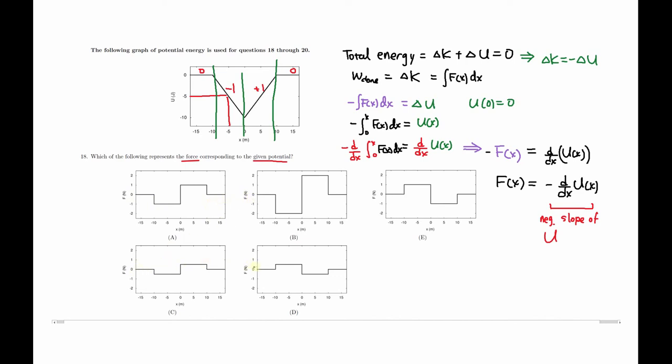Everybody has 0 force there. However, from -10 to 0, we have -1 here, but this has to be converted to +1. Again, we have a negative in front of it, so it's the negative slope of U, so we have +1. I see -1 here, so A is out. I see -2 here, B is out.